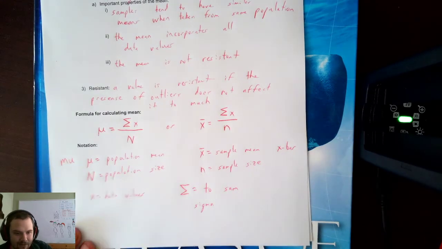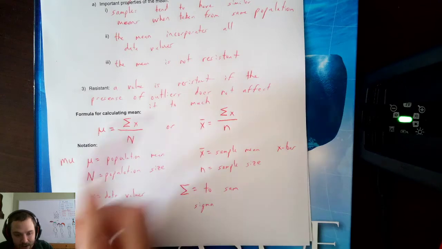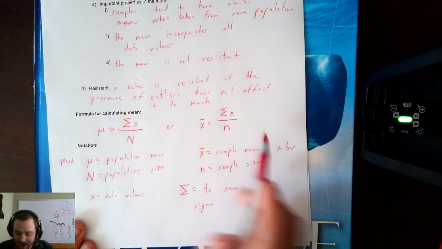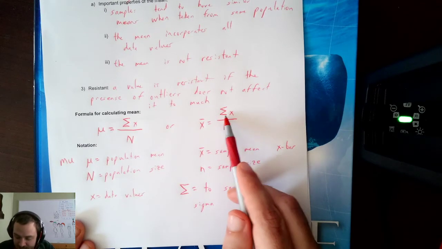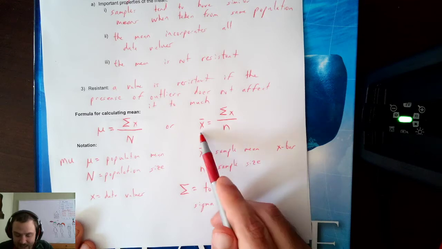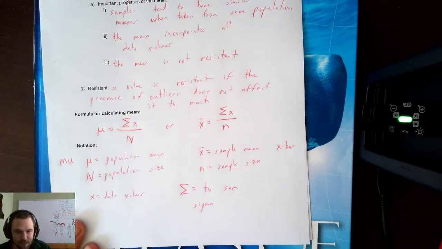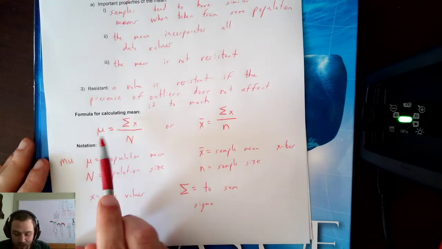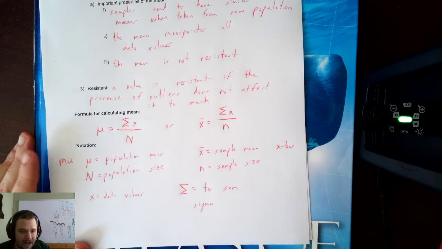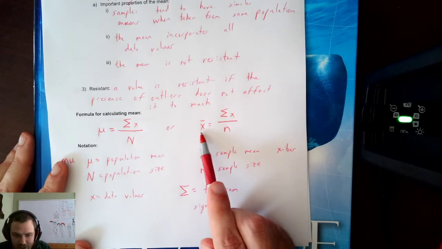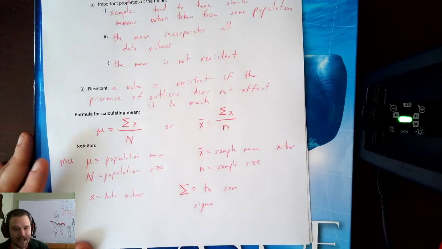That's exactly what the average is, right? We just have it written out formulaically now. The sum of the data over the sample size gives me the sample mean. The sum of the data over the population size gives me the population mean. The only difference is which symbols you use. You use the Greek mu and the capital N for population. You use the English x bar and the lowercase n for samples.